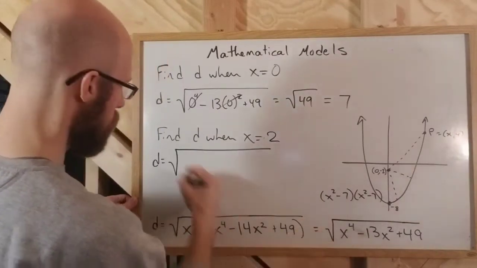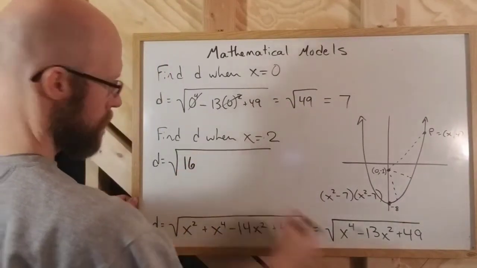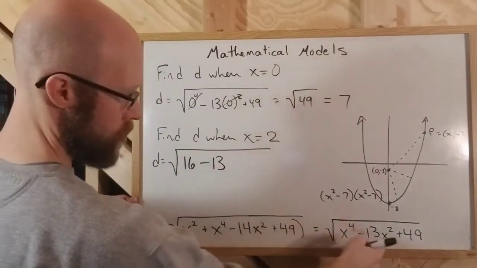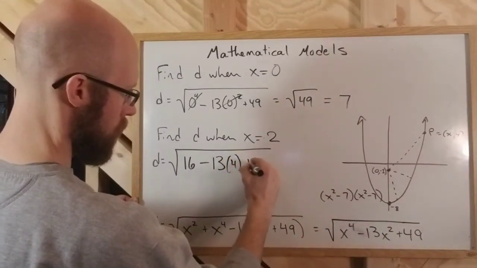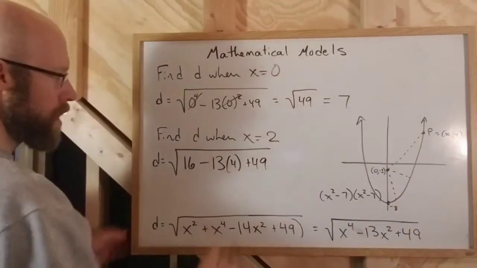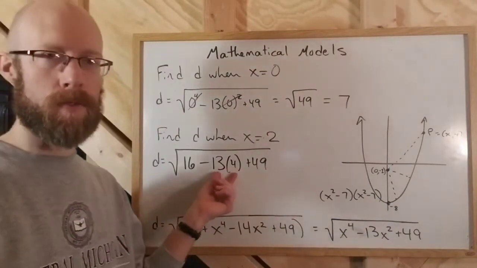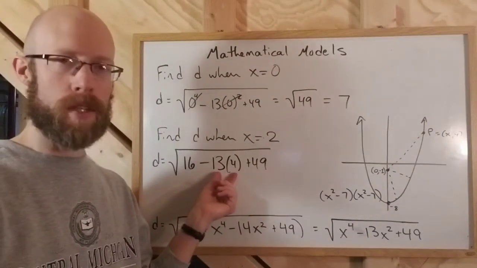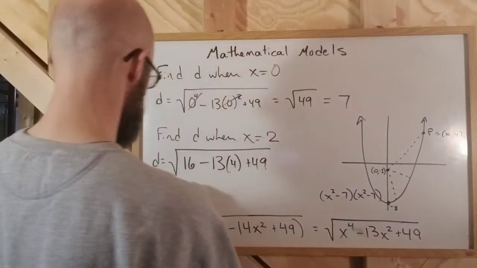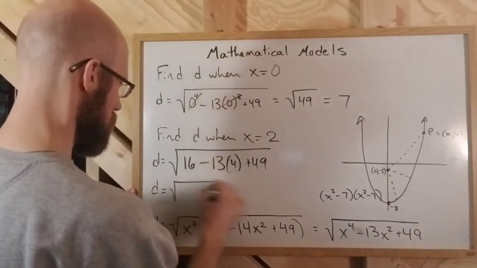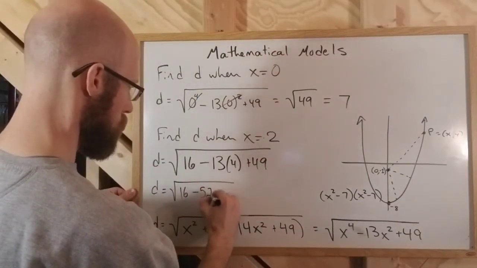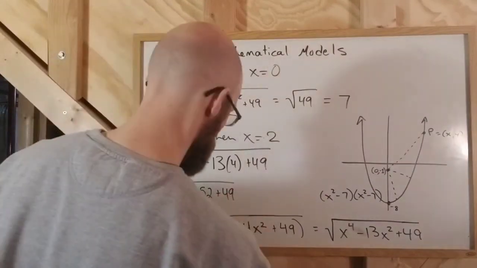I get 2 to the 4th is 16. 2 squared is 4. So I get 16 minus, well, 13 times 4 is, what's that, 52? So the distance here is 16 minus 52 plus 49.